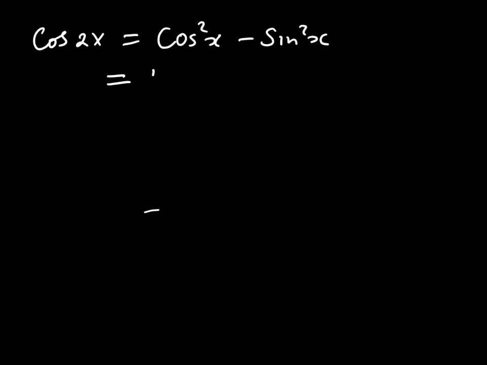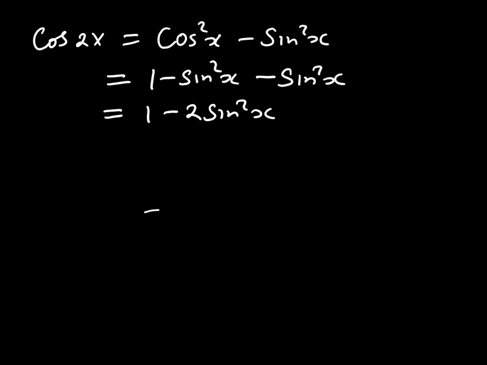So we know cos squared is 1 minus sine squared of x, then minus this other sine squared x. If you go ahead and do your math, this is going to be 1 minus 2 sine squared x, equal to cos of 2x.